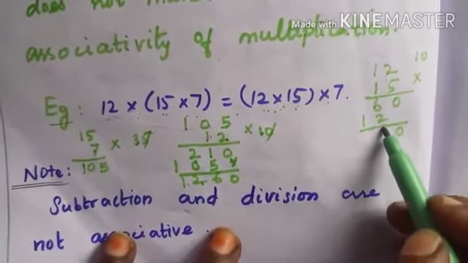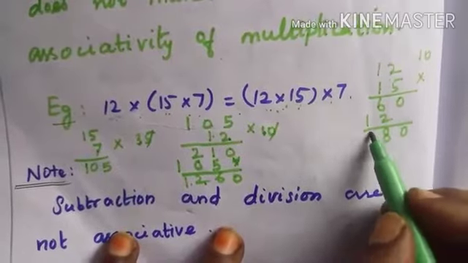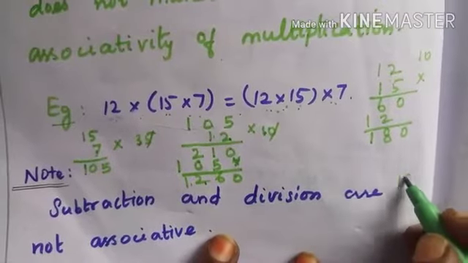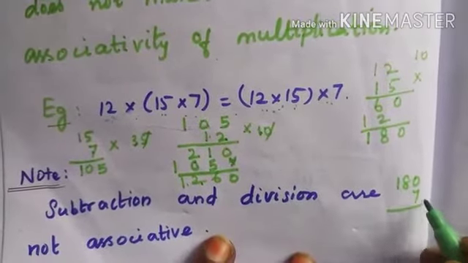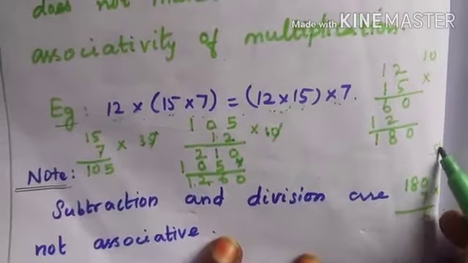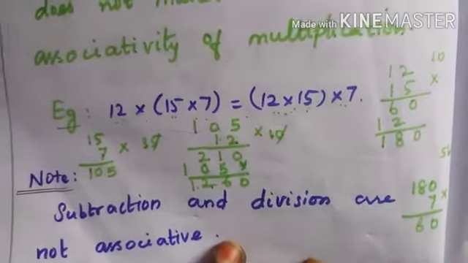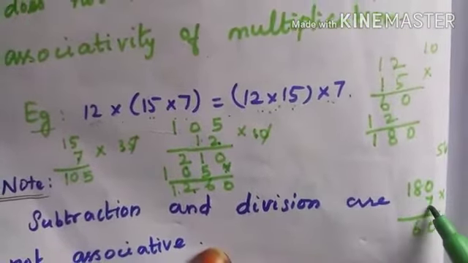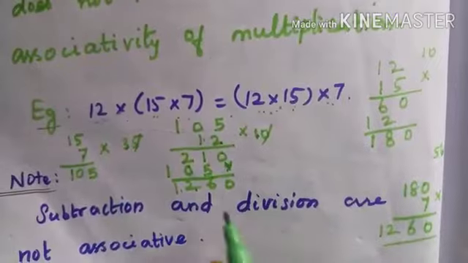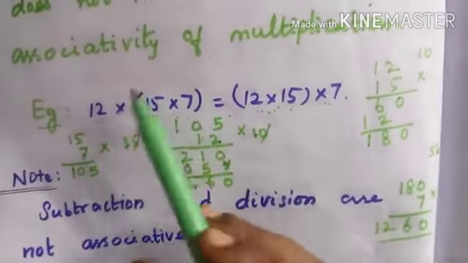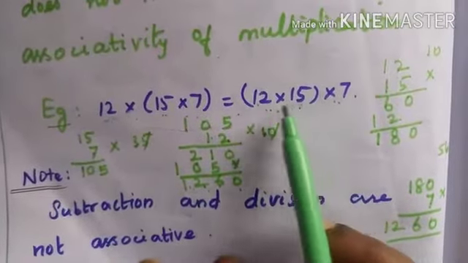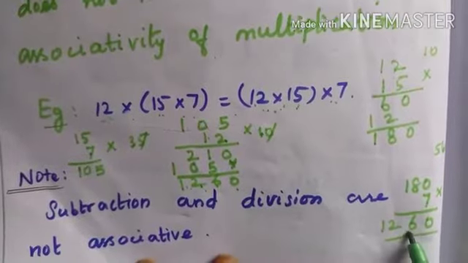Now we get 6 plus 2, 8. 180 into 7. 0 into 7 is 0. 8 sevens are 56, so we put 6 and keep 5. 1 seven is 7 plus 5 is 12. Therefore, we are getting the same answer. Here also when we multiply these three numbers we get 1260, and when the order is changed, we also get the same answer.